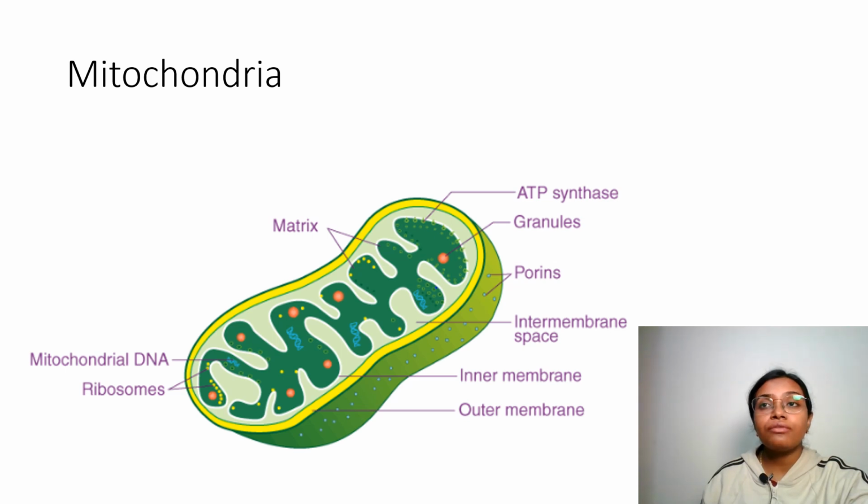It is also involved in the following processes: regulates the metabolic activity of the cell, promotes the growth of new cells and cell multiplication, helps in detoxifying ammonia in the liver cells, plays an important role in apoptosis or programmed cell death, and is responsible for building certain parts of the blood and various hormones like testosterone and estrogen. It is also involved in various cellular activities like cellular differentiation, cell signaling, cell sensation, controlling the cell cycle, and also in cell growth.